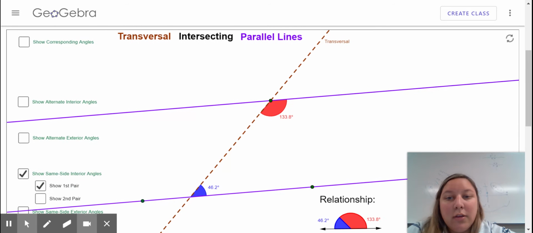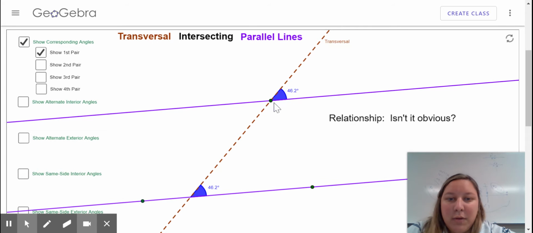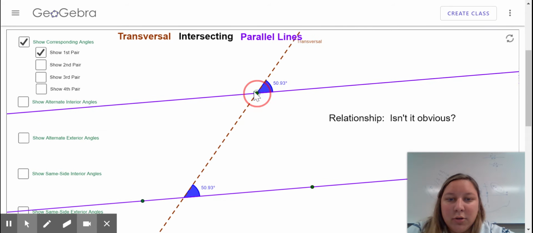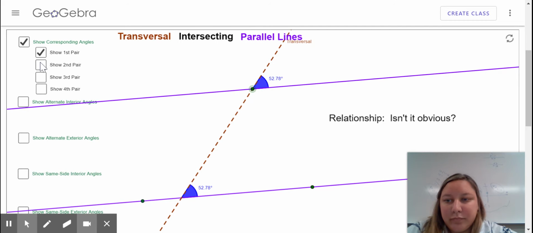And you should have done the Desmos activity that talks about how corresponding angles are congruent, and how you have all the different locations of corresponding angles. But I wanted to just do a quick review of parallel lines cut by a transversal.